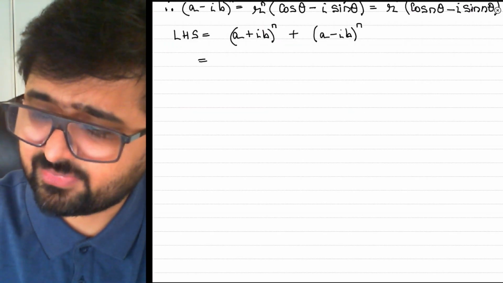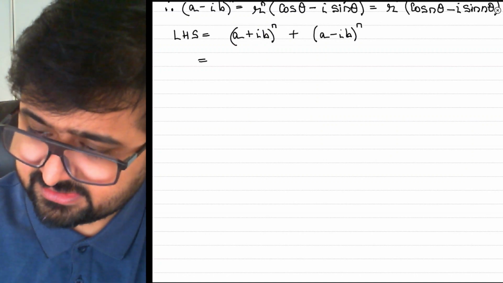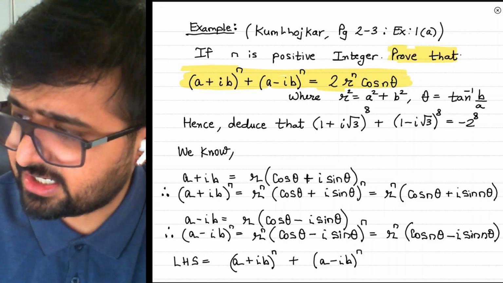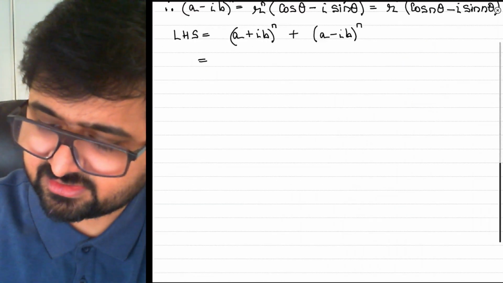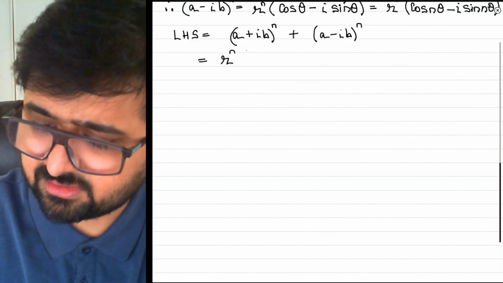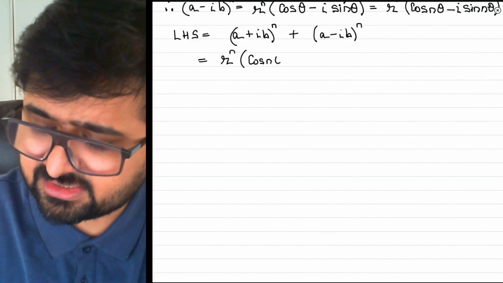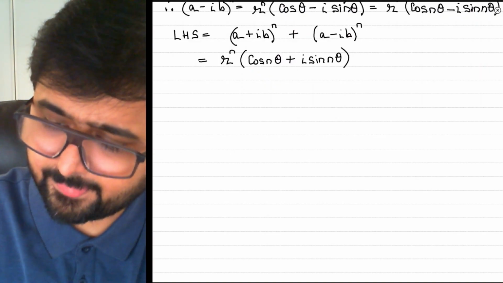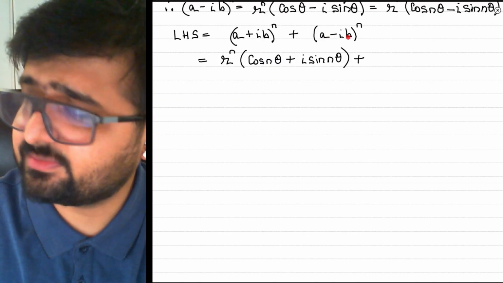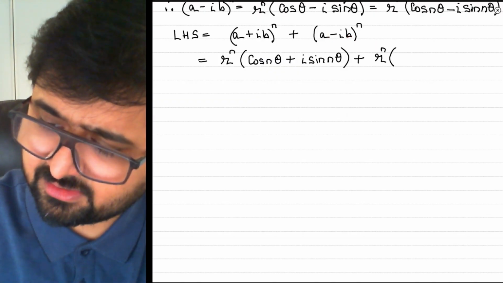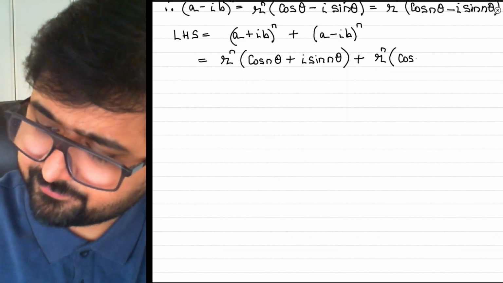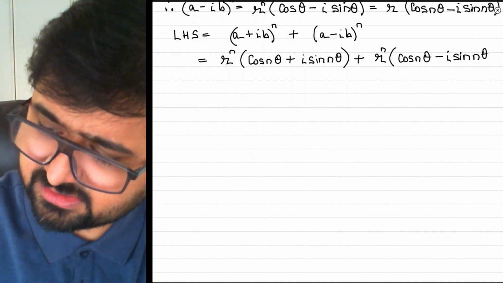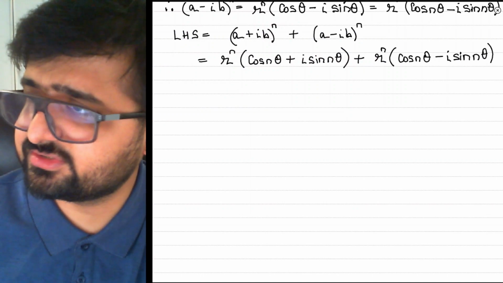Now (a + ib) to the power n is nothing but this term, r^n (cos n theta + i sin n theta). This (a - ib) to the power n is r^n, this term, (cos n theta - i sin n theta). Okay, we just substitute those terms.